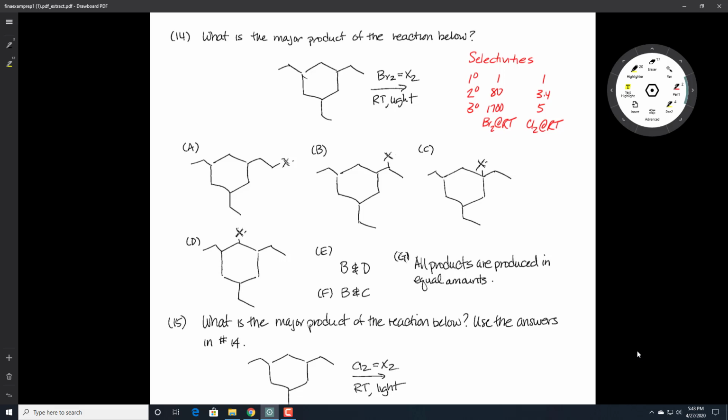So the first thing we have to do is go through this molecule and figure out how many unique products we have. Well, I can tell you down here we have 4 unique products, but where did they come from?